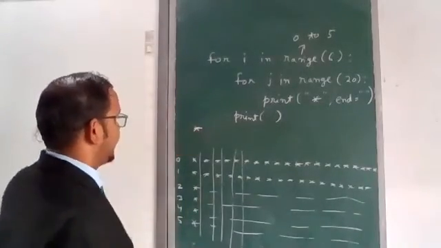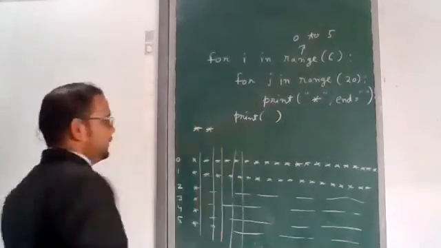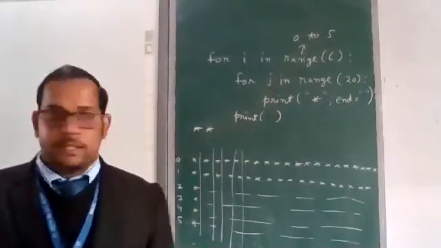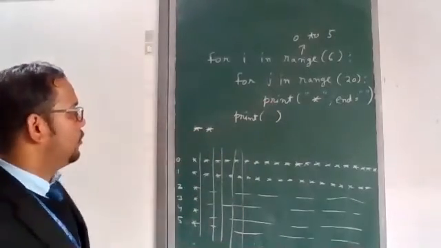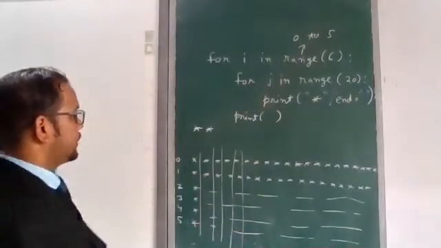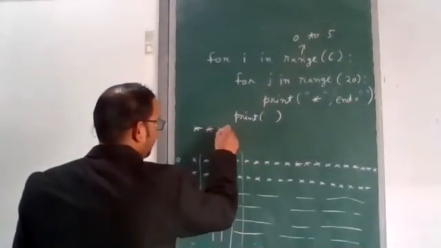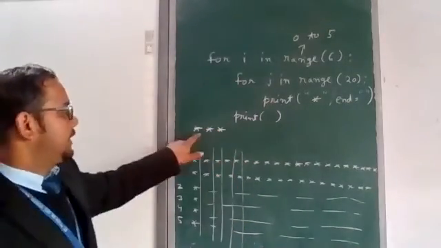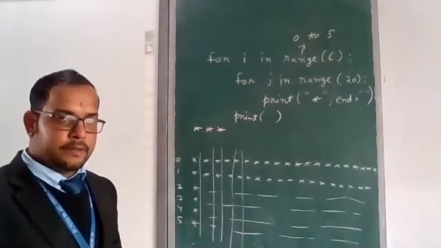So first row, second column, it displays a star. Then increment the value of J, now 2. So first row, third column, when the value of J is 2, star, like this.